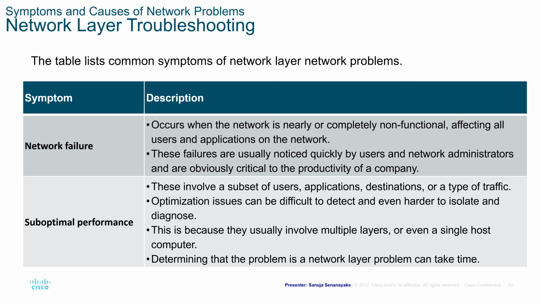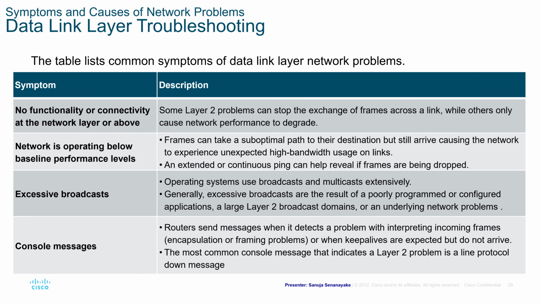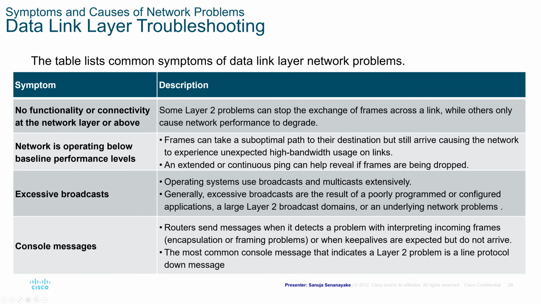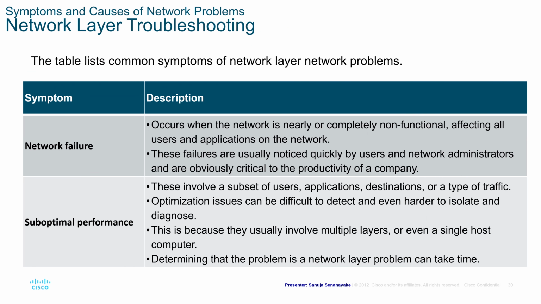So determining that the problem is a network layer problem can take time when there is a performance issue. As you've seen on my previous few slides, I have mentioned that all of these things could cause performance issues, physical layer issues, data link layer issues. So figuring out that the suboptimal performance is a network layer issue might take some time.